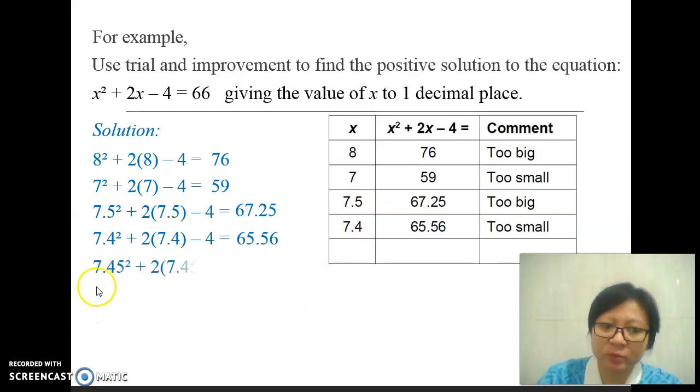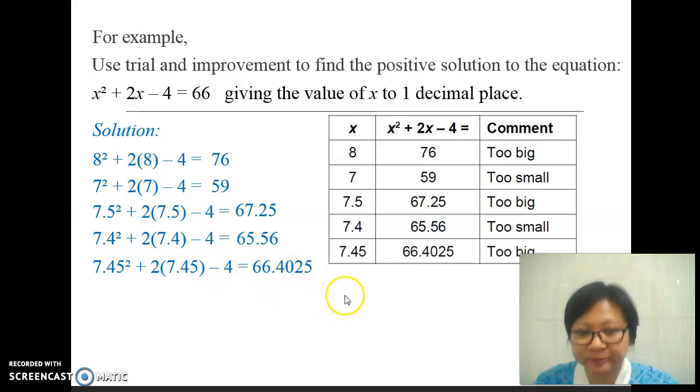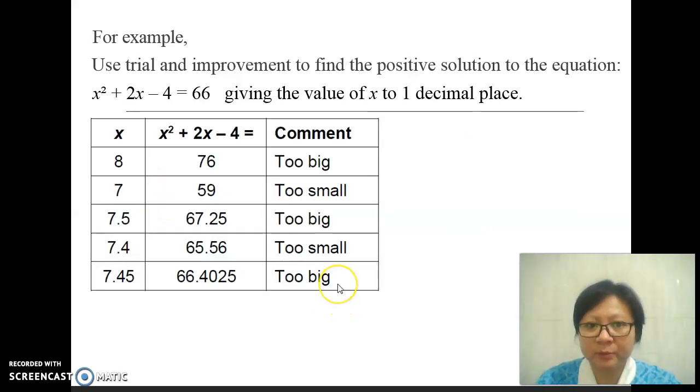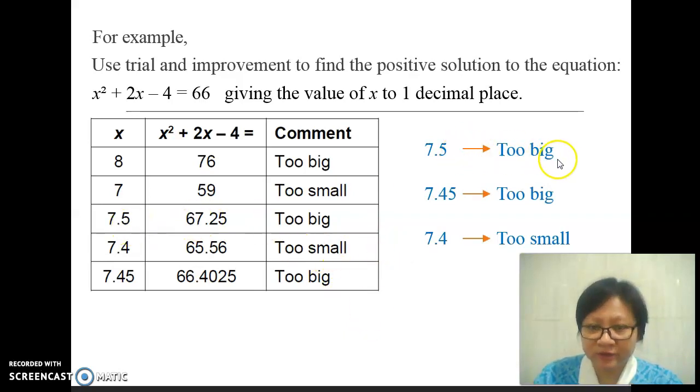Let's try 7.45 squared plus 2 times 7.45 minus 4. The result is 66.4025. It's too big. Let me put this into perspective. Okay, see this? 7.5 is too big, 7.4 is too small.